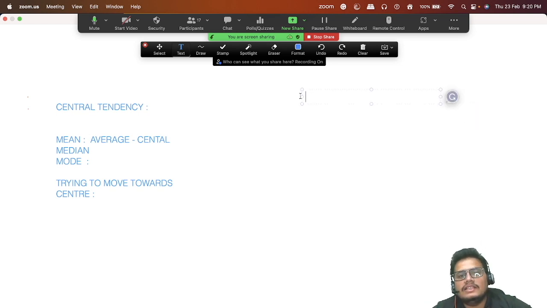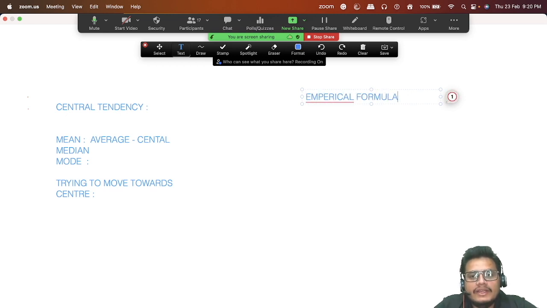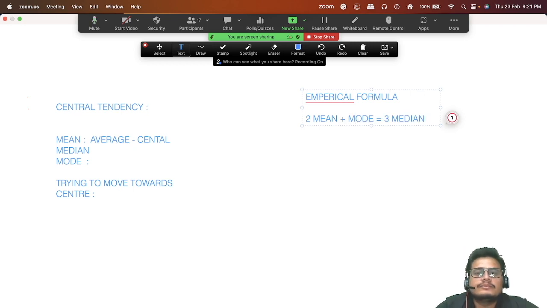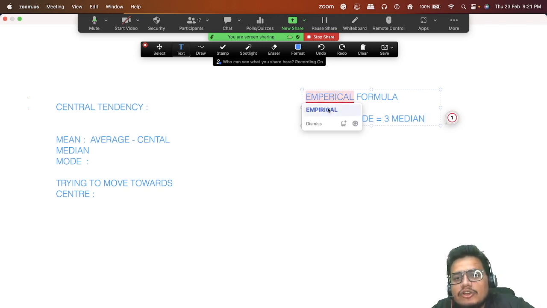Now in this central tendency we have an empirical formula. So the empirical formula says if you have two things with you, either mean, median or mode, then you can calculate the last term. So what is the empirical formula? It says 2 into mean plus mode equals 3 into median. ठीक है, this is the empirical formula.